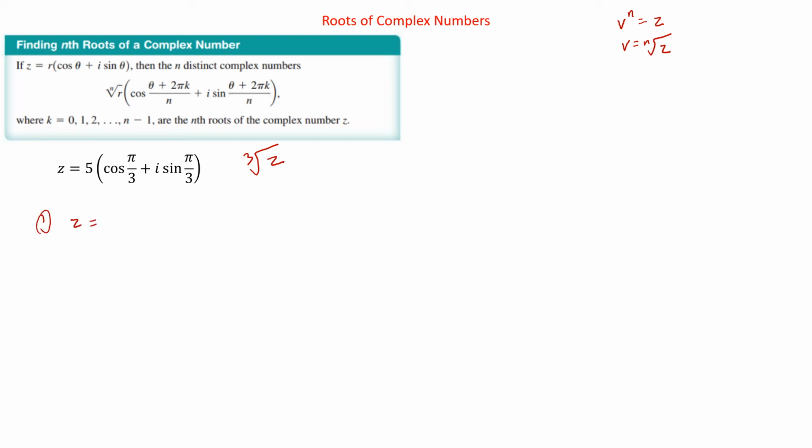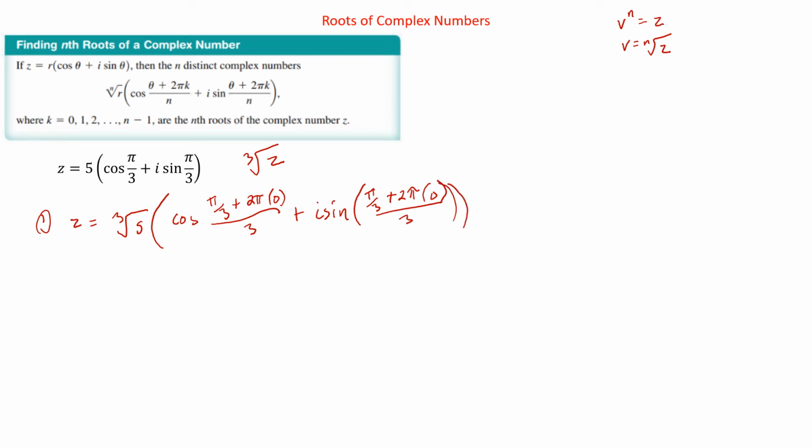The first one is going to be the cube root of 5 times cosine of pi over 3 plus 2 pi times 0 over 3, plus i sine of pi over 3 plus 2 pi times 0 over 3.